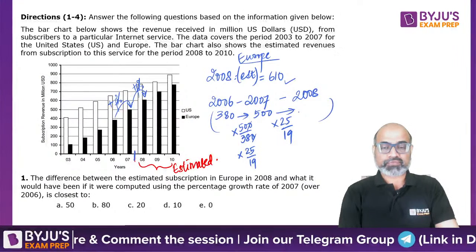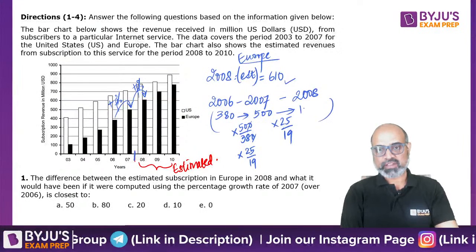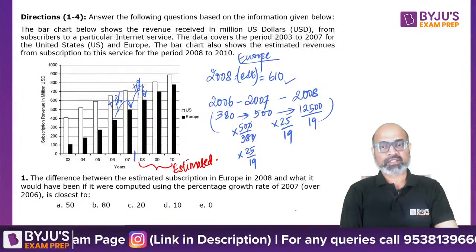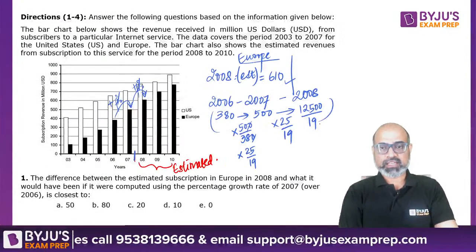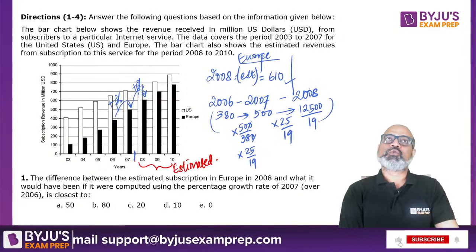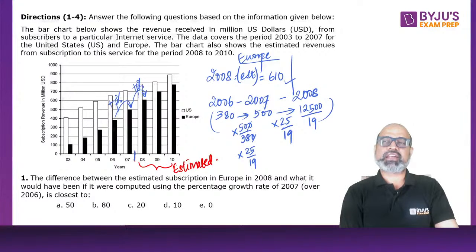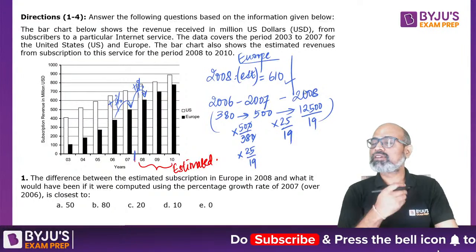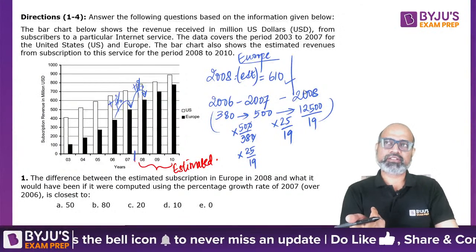So 500 into 25 upon 19. This is going to be 12,500 upon 19. This is going to be how much? So 125, and we have 19. So 19 into 5 is 95. 19 into 6 is going to be 114, right?